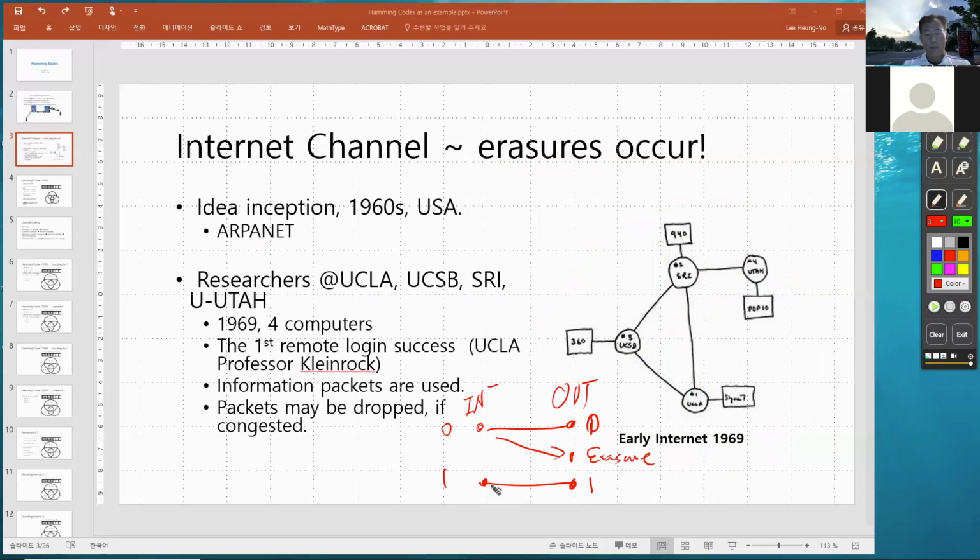So it has this type of relation. When 0 is sent, with the probability of 1 minus p, 0 is received, and with the probability of p, erasure occurs. With bit 1 sent, with the probability of p, erasure occurs. With the probability 1 minus p, 1 is received. So this is called the erasure channel.